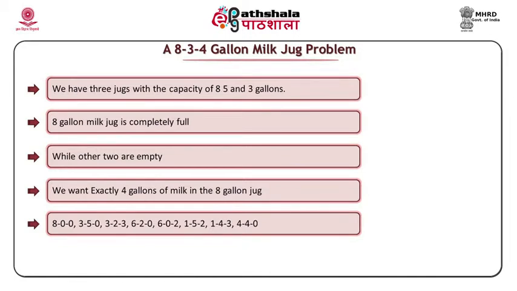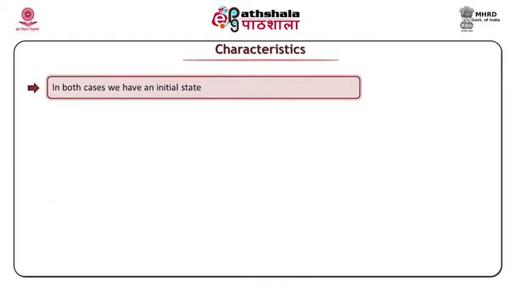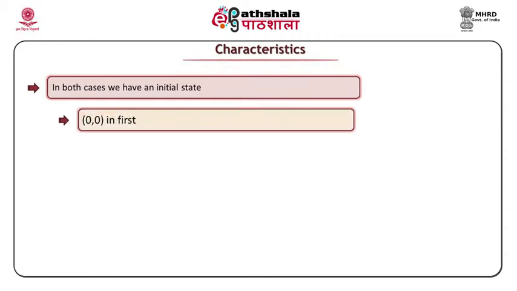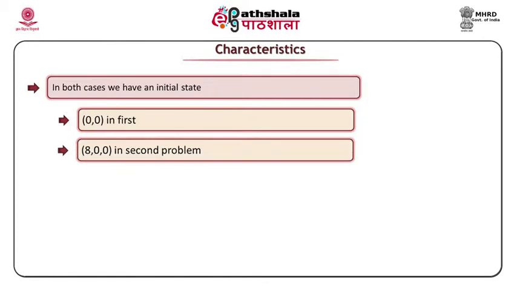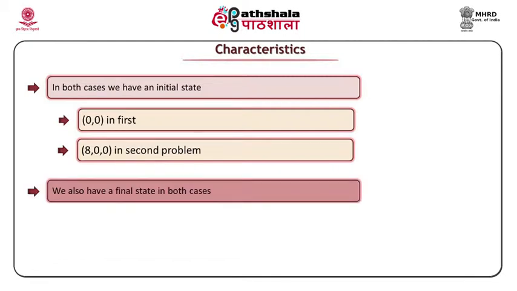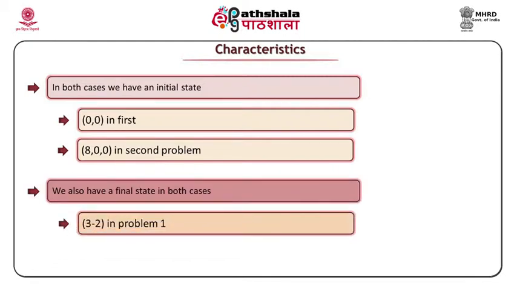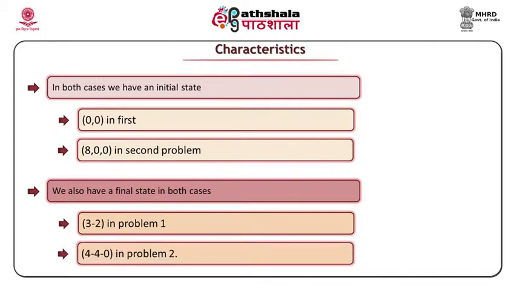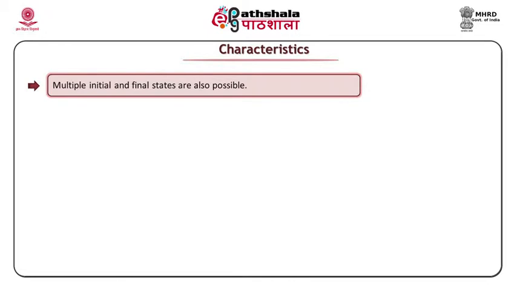In both cases, the 3-4 gallon water jug and the 8-5-3 milk jug problem, we have something called an initial state. In case number 1, we have 0, 0, both jugs are empty. In case number 2, 800, the first milk jug is completely full. We also have a final state. For example, in case number 1, we have 3, 2; in case number 2, 440 is a final state. So it is possible to have multiple initial and final states.